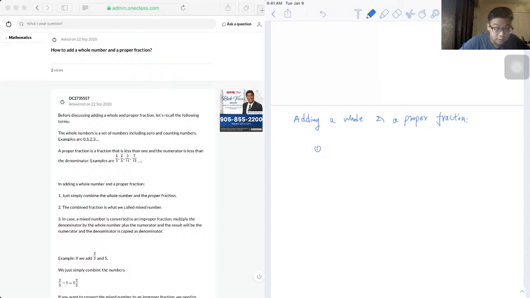The first thing, we just simply combine the whole number and the proper fraction, which means we're just adding them together. And after we got our result, this combined fraction will be called the mixed number.